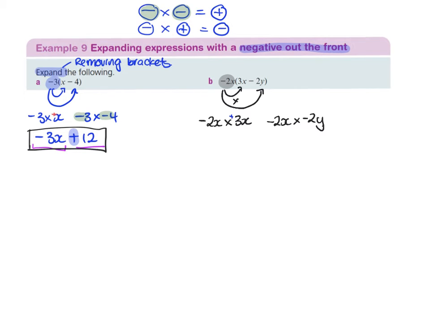So first, if you think about it, we've got a negative and a positive multiplying. So what will our answer be, a positive or a negative of this little part? We've got a negative times a positive, will be a? Good. We've got 2 times 3, which is 6. And what's x times x? Excellent. x times x is x squared. Awesome. And then we have to be careful here now.